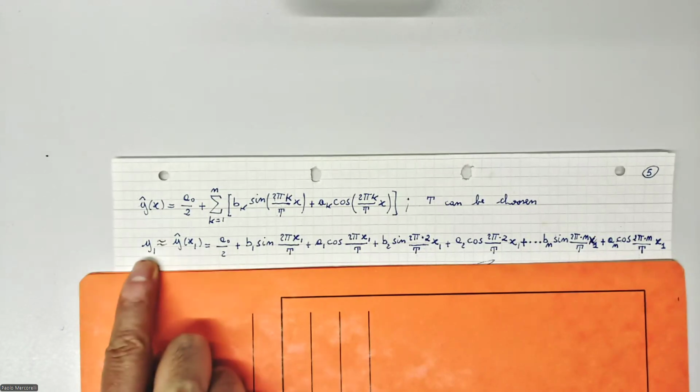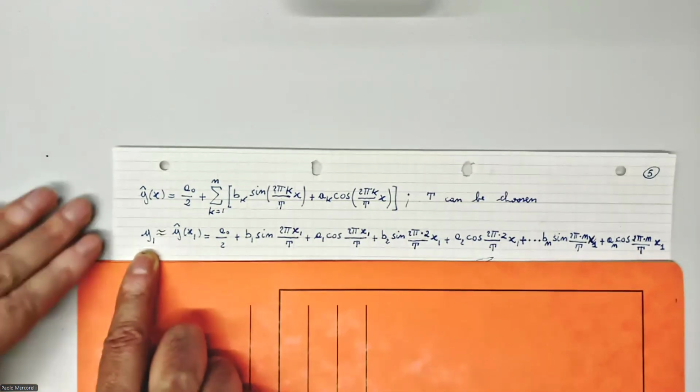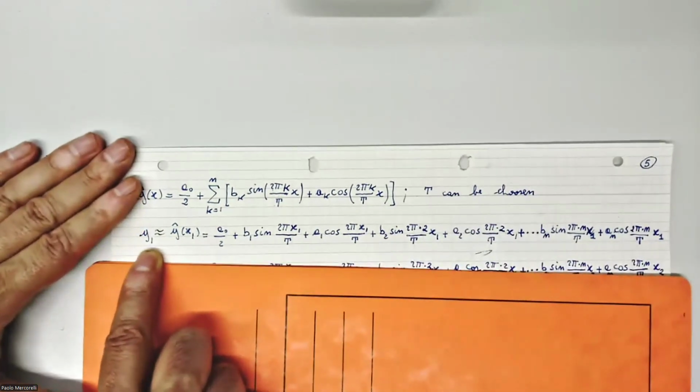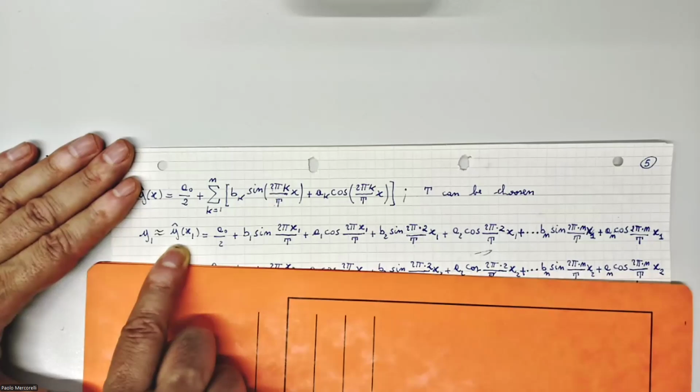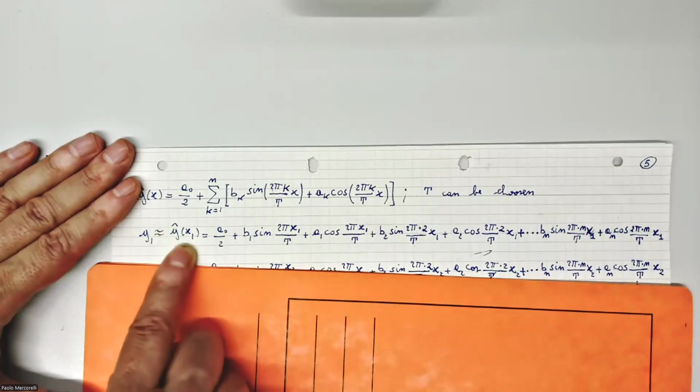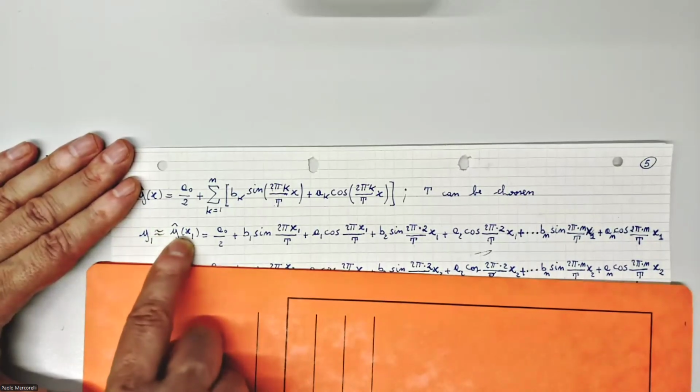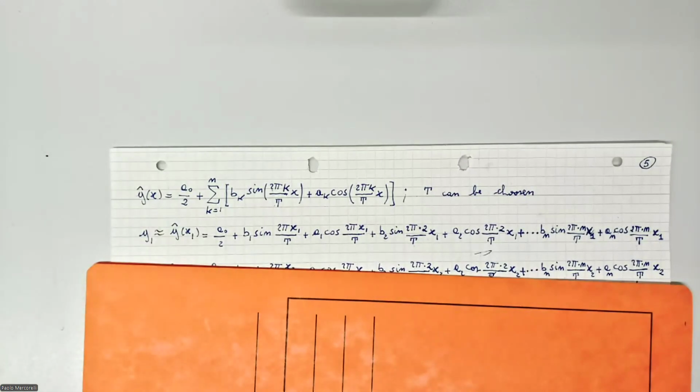I am considering the first point, exactly as I told you at that time when I introduced the polynomial approximation. Y1 is circa y hat at x1. Do you remember the difference between the point and the point with lies and the blue function?